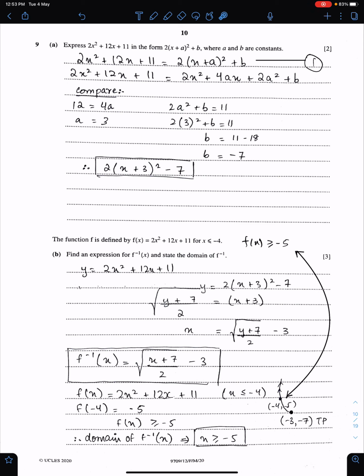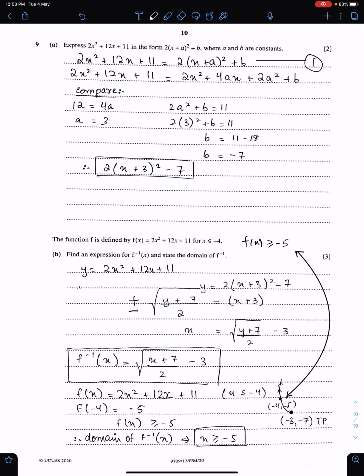Now for the expression of f inverse, always use this completed square form. Now in equation 1, separate this bracket, and for that you need to bring 7 to the left hand side and 2 is also on the left hand side. You'll get y plus 7 upon 2. Now take the square root on both sides. When you take the square root, you will get two values, plus minus.